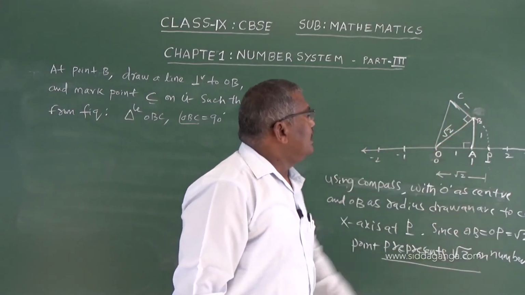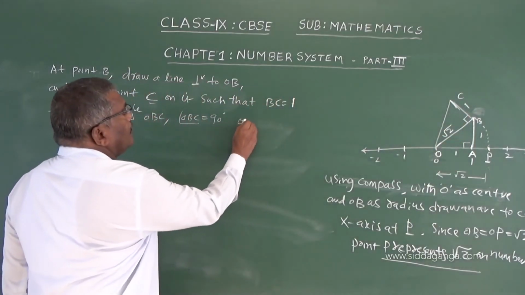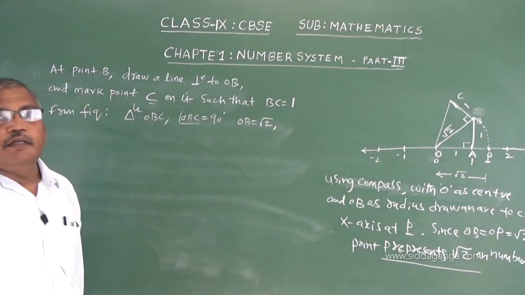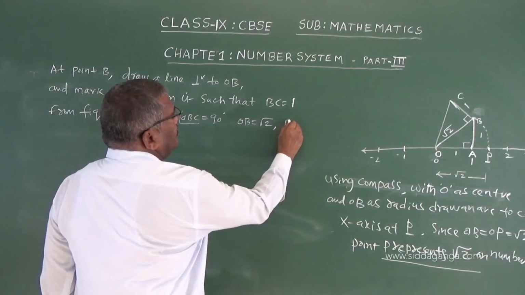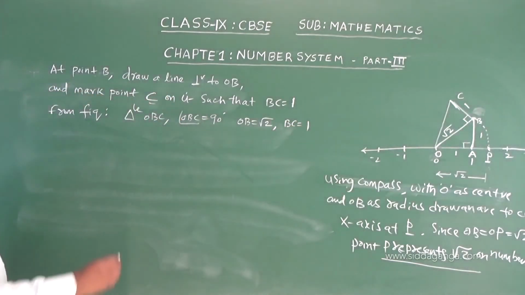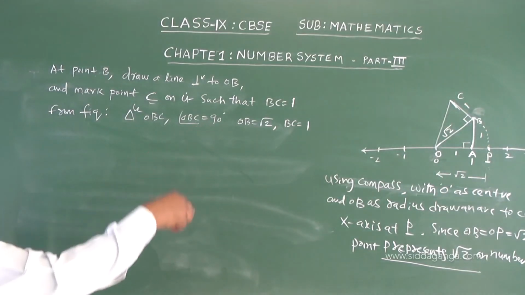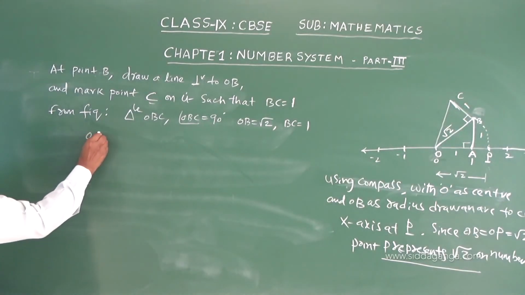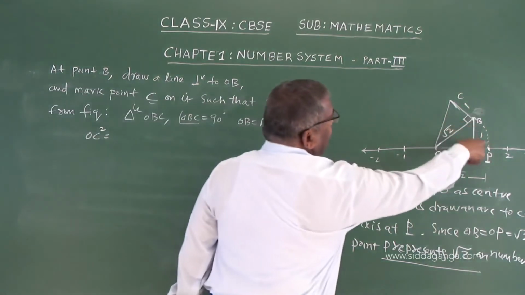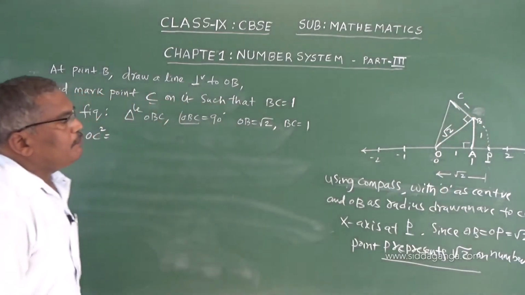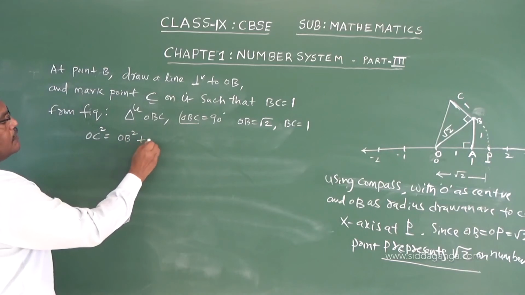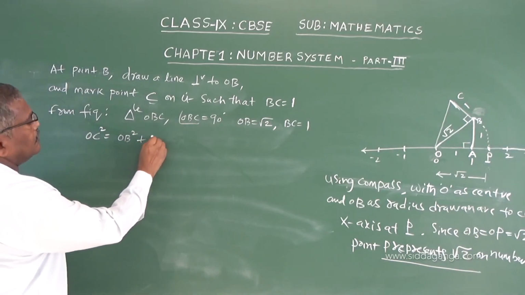OB distance we have calculated is root 2, and BC we have taken as 1 unit. So now again by Pythagoras theorem we have OC square is equal to OB square plus BC square. OC is the hypotenuse.